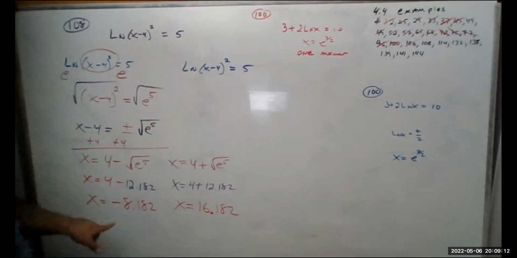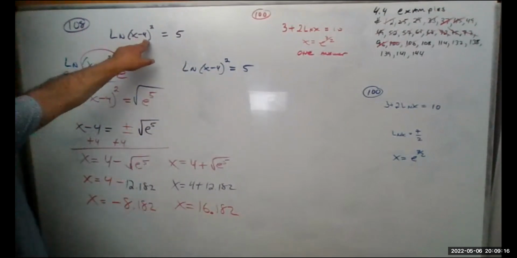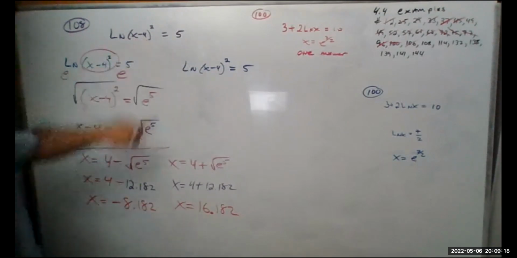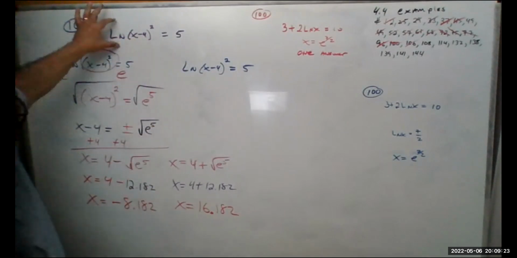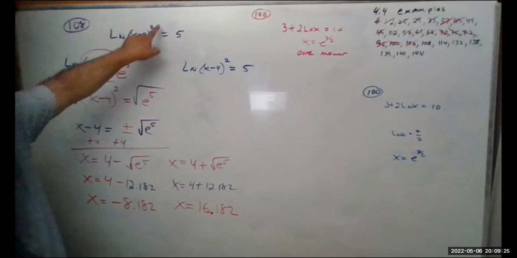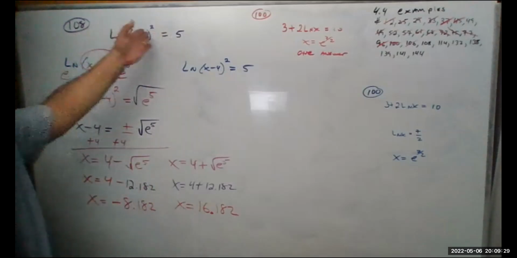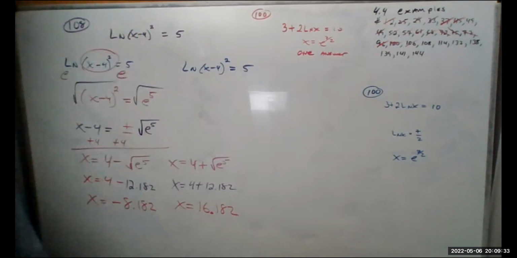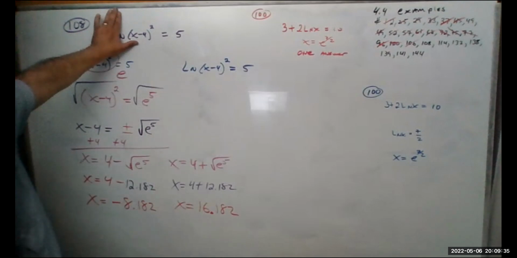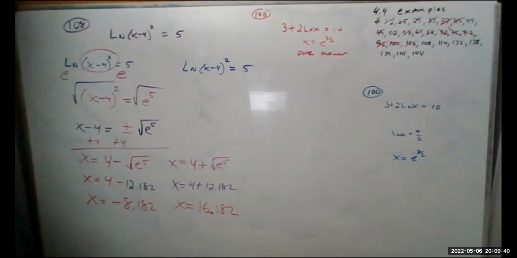On the other hand, if I use negative 8.182 and then take away 4, I'm going to take it back to the 12.182. It'll be negative, but before I take the logarithm, I'm going to square it. It's going to become a positive number again, and that's okay because of the square right there. Because of the square, it'll get squared before the logarithm happens, and therefore it's part of the domain.